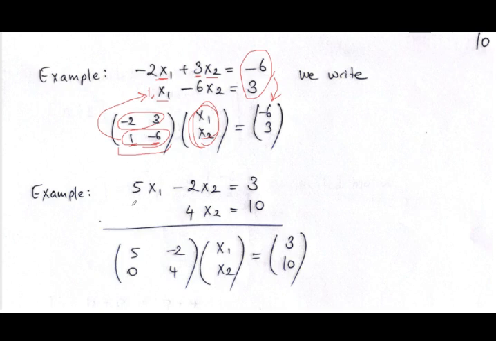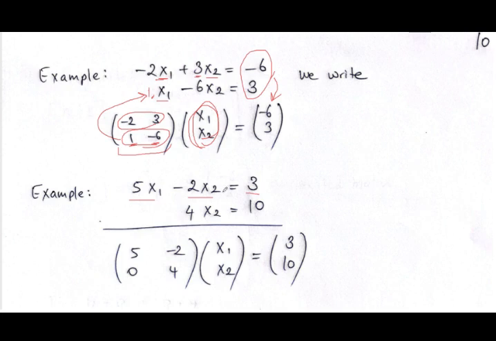Another example, we have again a system of equations, a 2 by 2 system, two unknowns and two equations. We have 5x1 minus 2x2 equals 3. What you need to do is again represent this using matrix multiplication.